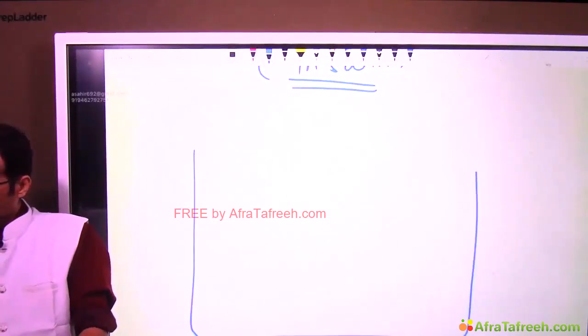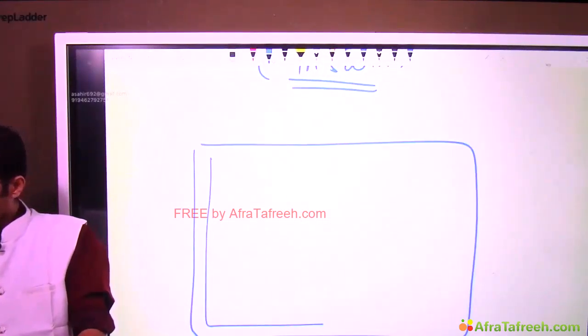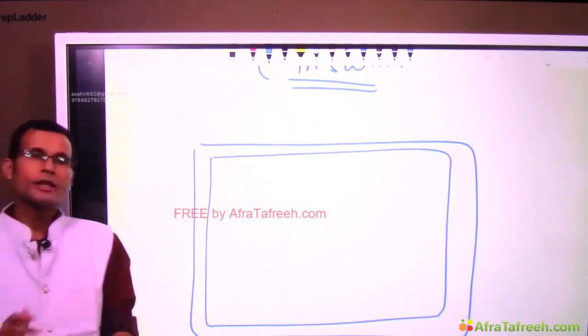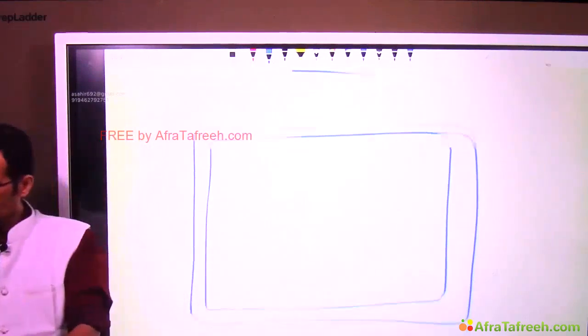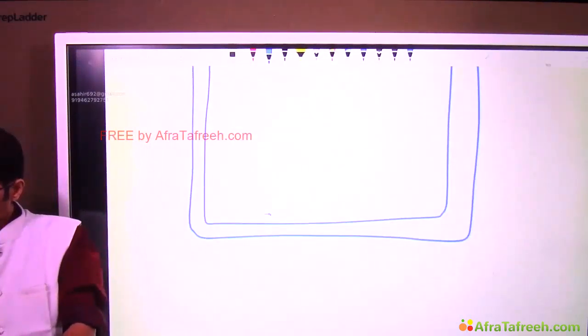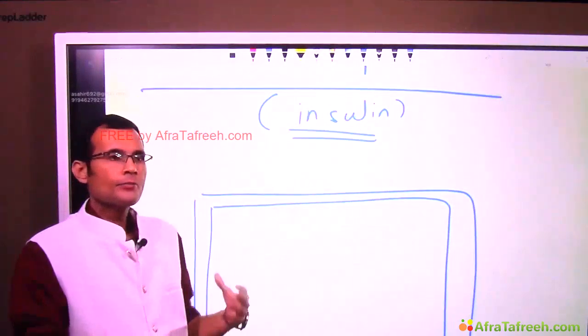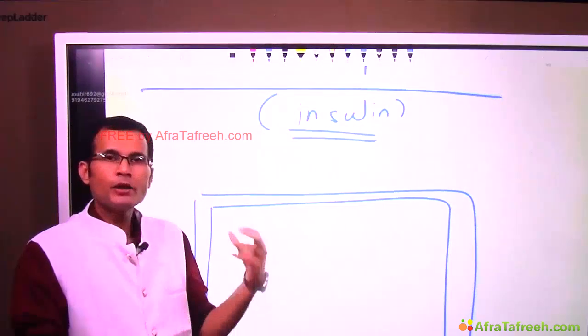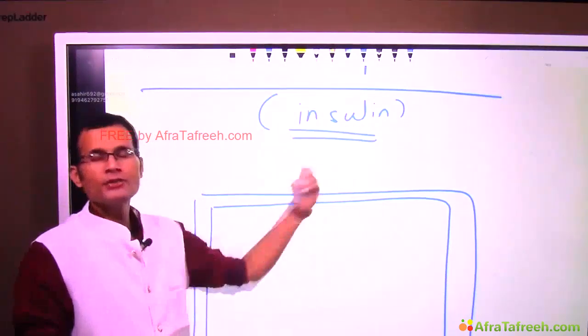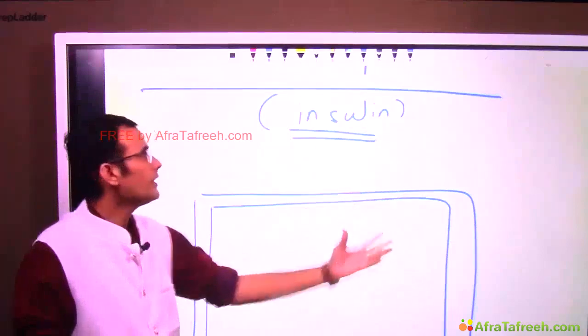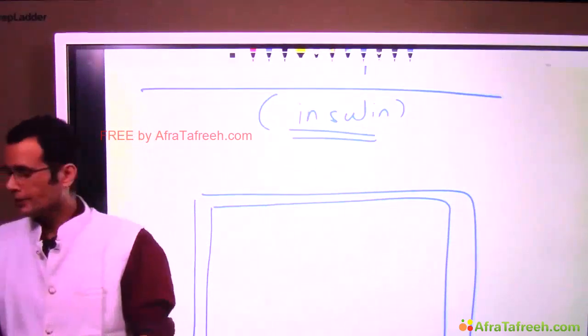This cell, its membrane contains this ATP sensitive potassium channel. Here is that ATP sensitive potassium channel. So the question is, how is it that in response to the increased blood glucose, insulin is released? Insulin gets released by the pancreatic beta cell.